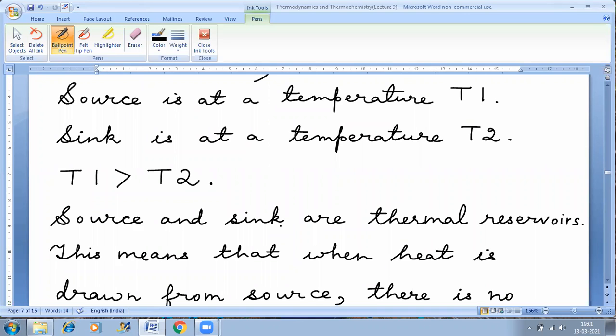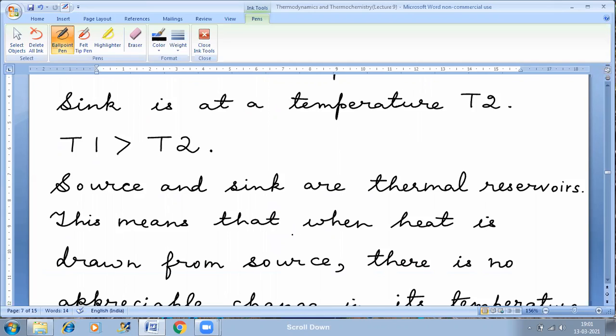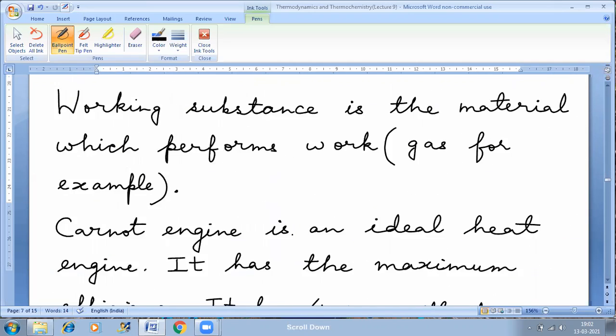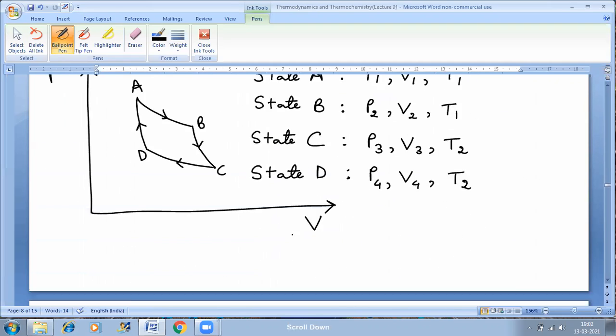So when heat is absorbed from the source, because the source is at a higher temperature, the device absorbs heat from the source, it will perform some work and then it will reject the remaining heat. So this is what the diagram is.